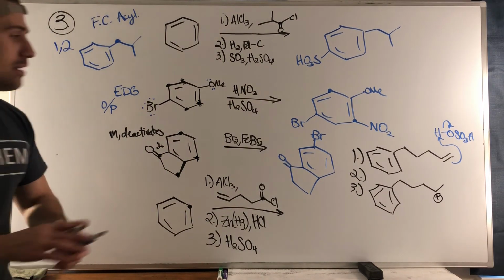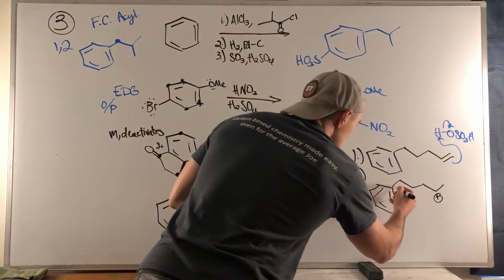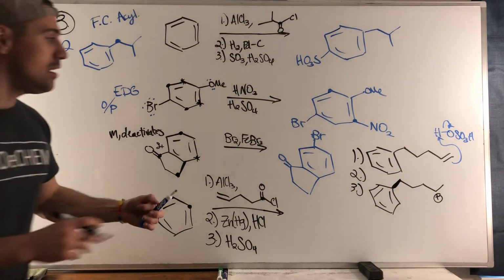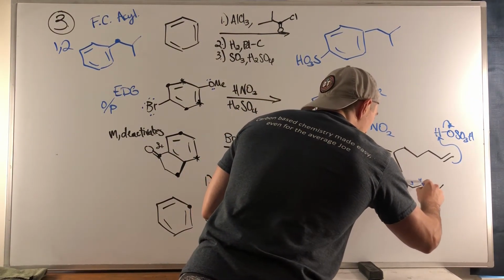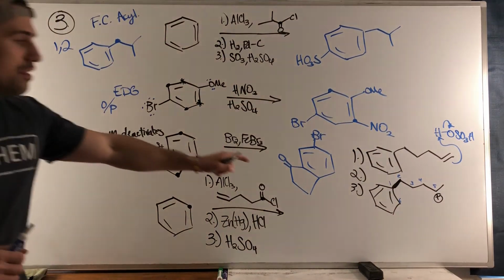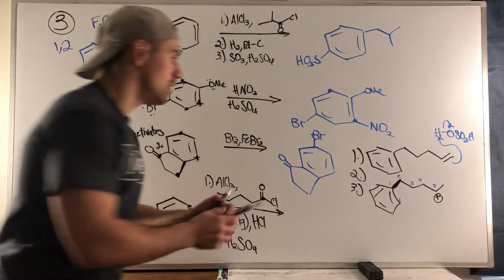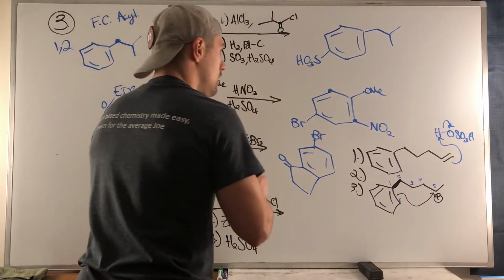Now what's going to happen, crazily enough, right? If you want to think about it, this is an ortho para director, okay? And I know we usually direct para, but I just want to point this out. The ortho position, should this bond go out and grab this, that would make a 6-membered ring. So this will happen, and I'll draw this up here.